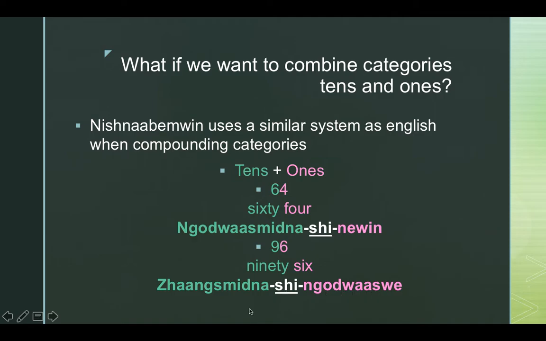So these are color coded here, so you can see that the tens and the ones follow the same pattern. You might also have noticed that when pronouncing some of these, it's easier to forget that second hyphen and pronounce this as a shin and then move on to the next syllables and the number. So that's the pattern for numbers when you're combining tens and ones.